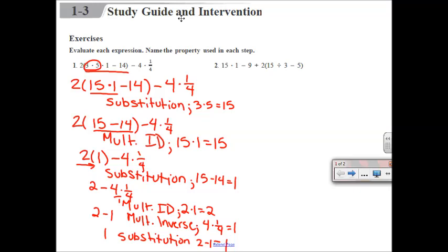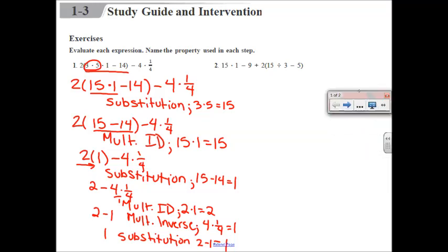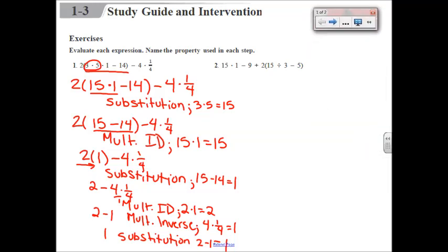Alright, the next one, again we're going to start with the parentheses, and inside the parentheses order of operations says to start with 15 divided by 3. Everything else is going to stay the same because we haven't dealt with it. And 15 divided by 3 equals 5, and we're just substituting what that equals in.